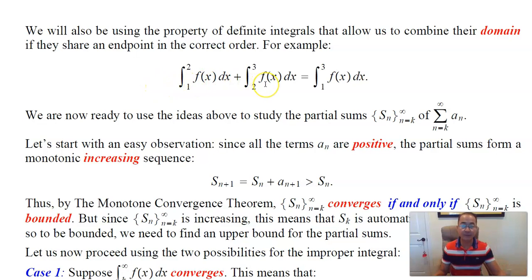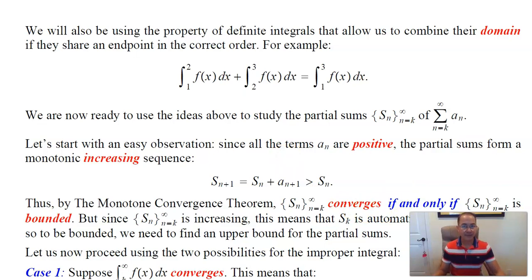If we're integrating the same function from 1 to 2 and from 2 to 3, and we add them together, well, that's the same as integrating the function from 1 all the way up to 3, right? So we don't have to stop at 2 over there. We can go all the way to 3. So of course, if we add one more term, if we go from 3 to 4, then we can integrate from 1 all the way to 4, right?